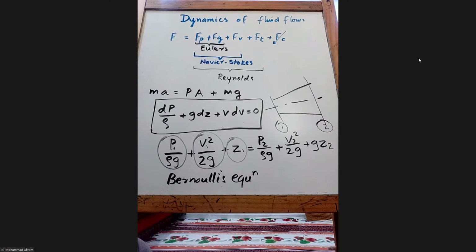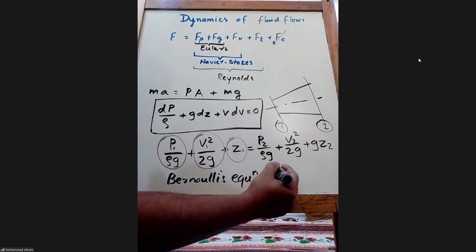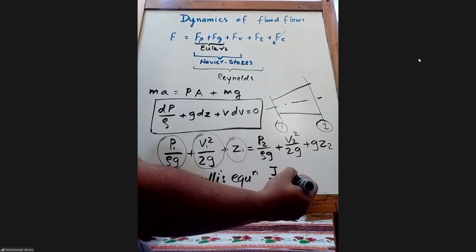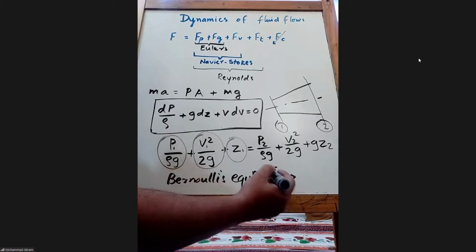So we are saying this is energy, but this is energy per unit weight. Every term is energy per unit weight, that is joule per Newton. What is joule per Newton? See, what is joule?